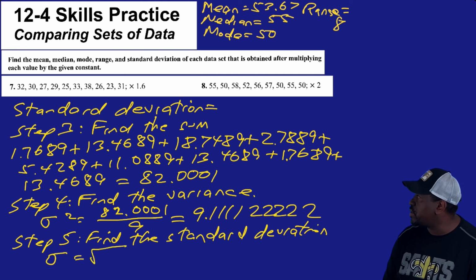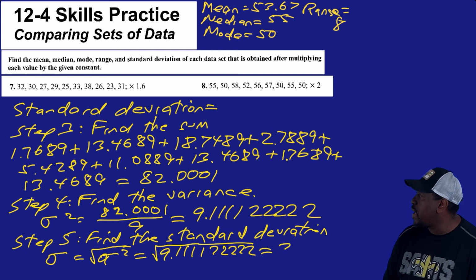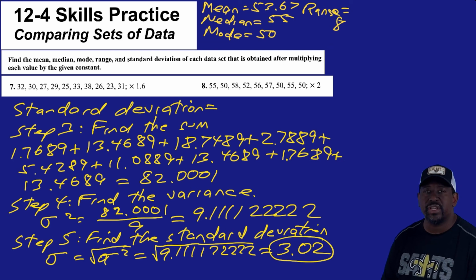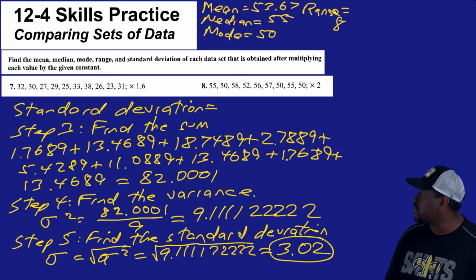And so that's what we're gonna do. Now we're not done because we still have to multiply by 2, but we will finish this original set of data. So we substitute, we take the square root of 9.1111, 22222, and that will give us a standard deviation of 3.02.